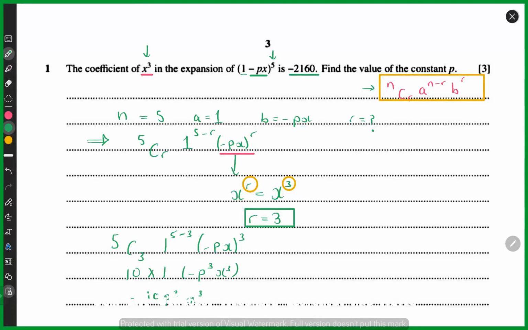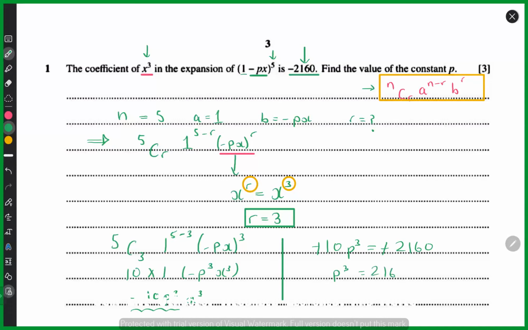into x cubed, and the coefficient of x cubed. This means that this entire thing is basically equal to minus 2160. Okay, the coefficient of x cubed, it does not have x cubed, so minus 10 p cubed is equal to minus 2160. Minus and minus would be cancelled, and p cubed is equal to 216.